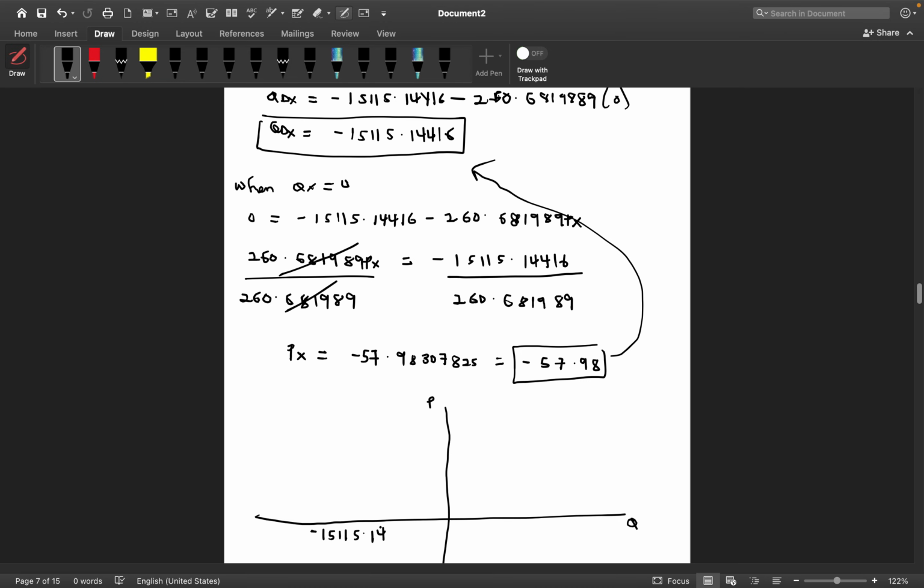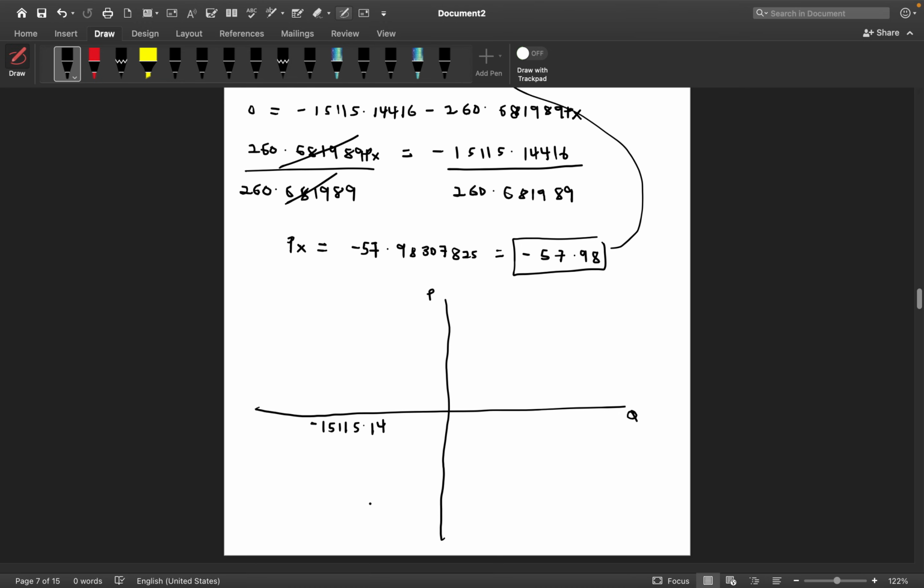Let me do 14. And we had price to be minus 57.98. So where they are joined, we have to get a curve there. So that's what we're asked to do. We're asked to sketch the demand curve.